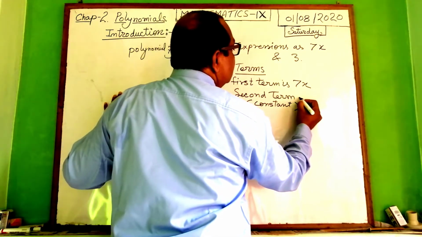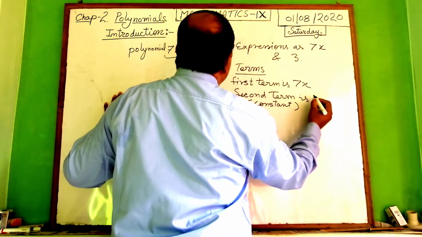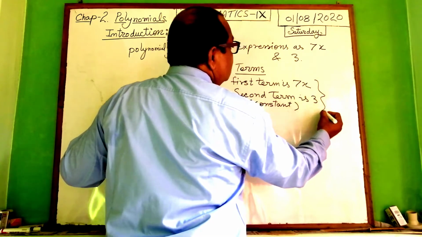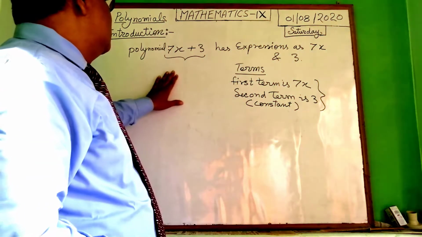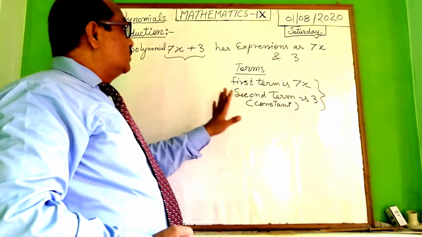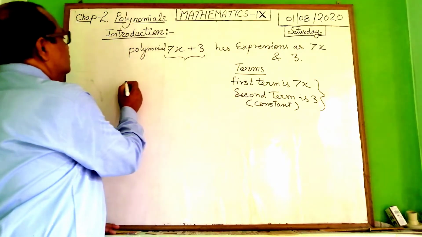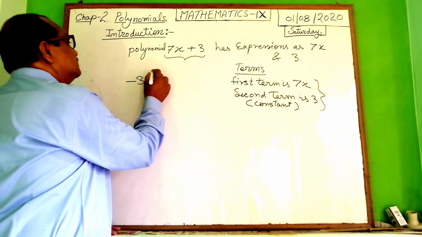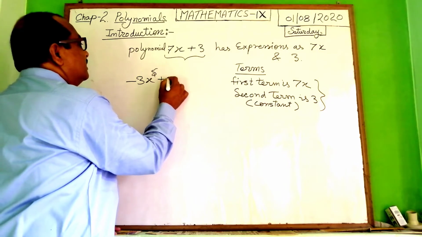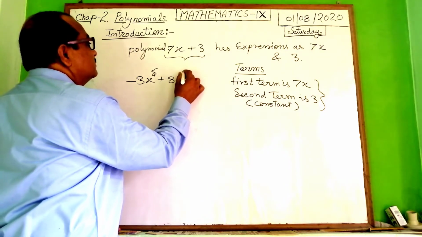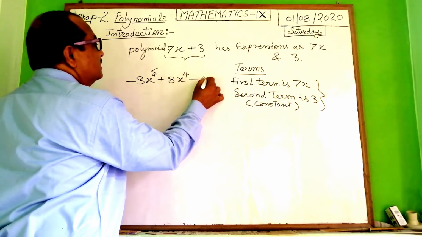So the second term is 3. So you can see here there are two terms. Another example you can write: 3x to the power 5 plus 8x to the power 4 minus 8.